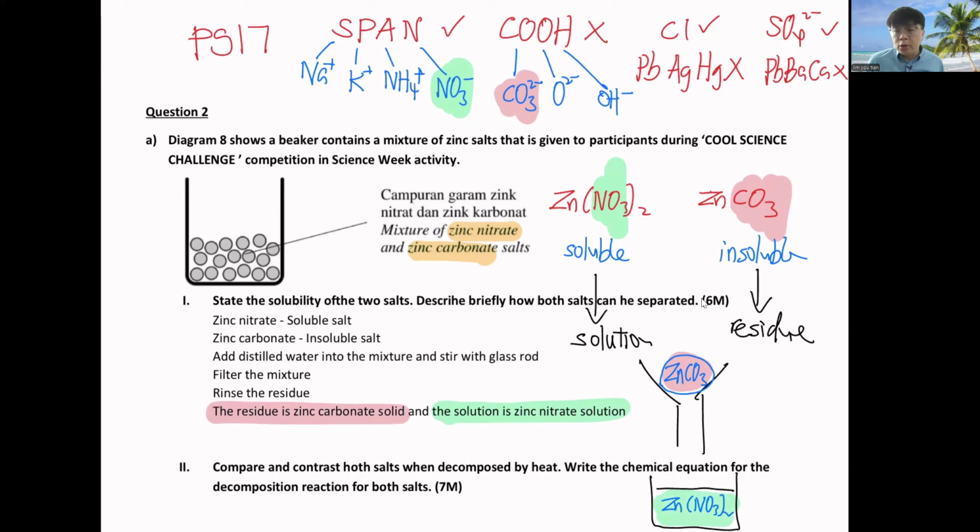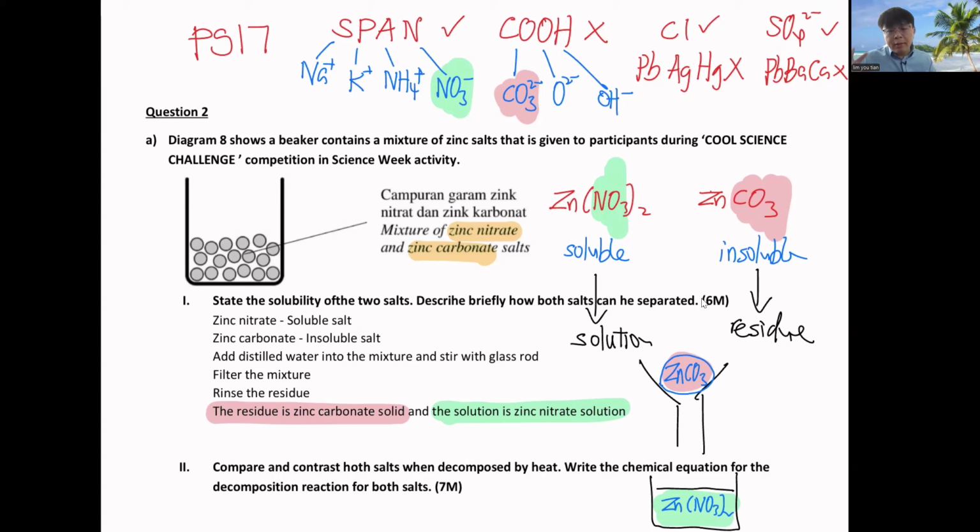If you need to take out the zinc nitrate as a solid, then you will need to do the heat, cool, filter, rinse and dry. But here they didn't mention that they want two separate solids. So all you need to do is just separate these two chemicals, because you only got 6 marks here.